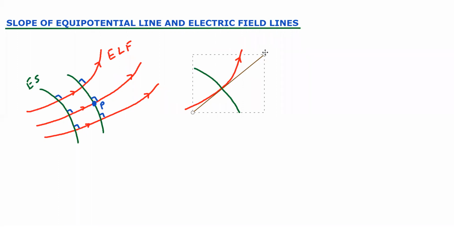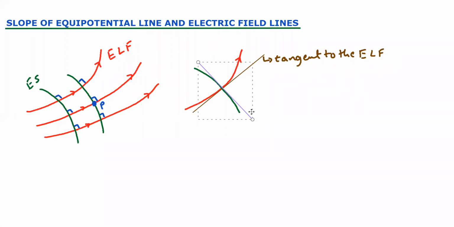This is the tangent to the electric lines of force, electric field line, and this right here is the tangent to the equipotential surface.